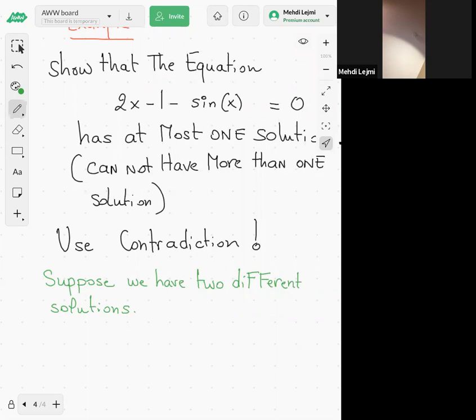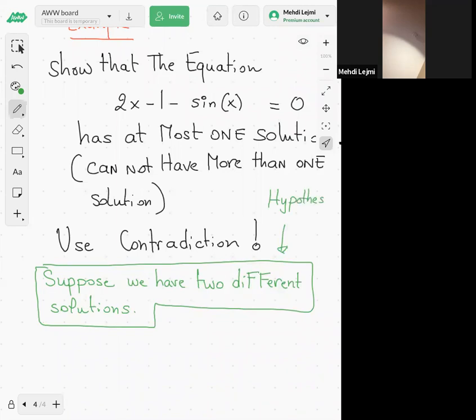My hypothesis is that we have two different solutions of this equation. Now I'm going to use the theorem and get a contradiction, which means that my hypothesis is wrong. I cannot have two different solutions. So the idea now is to get a contradiction.